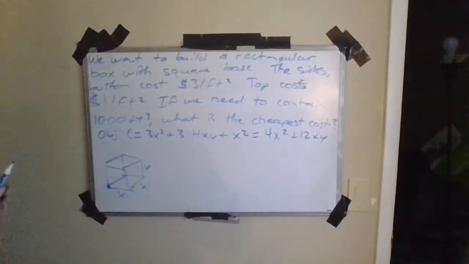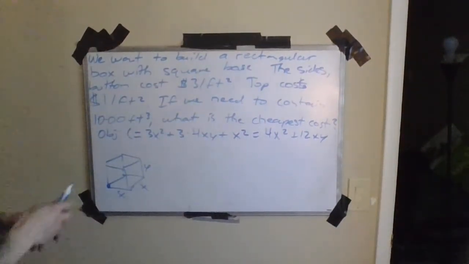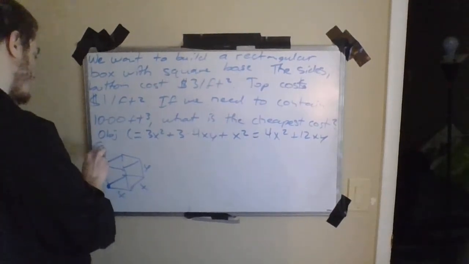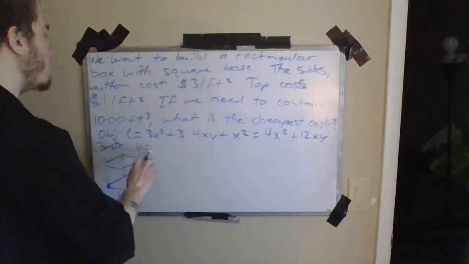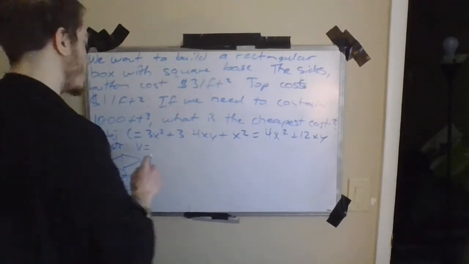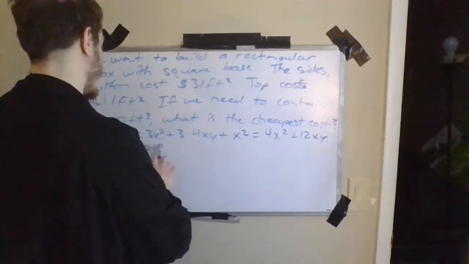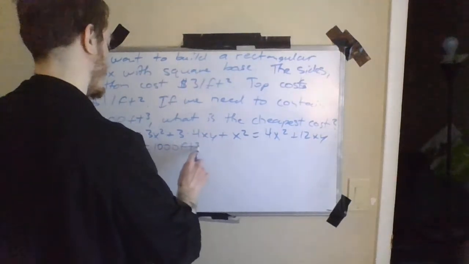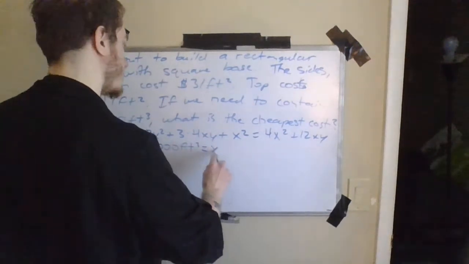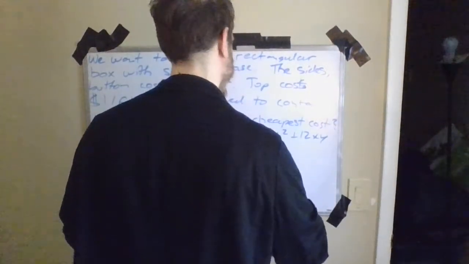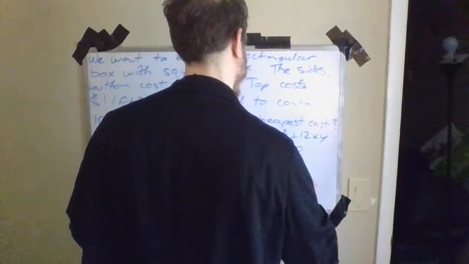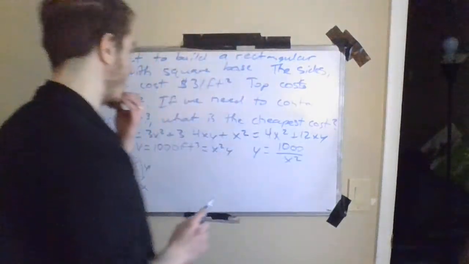And then we have our constraint. So our constraint is going to be that the volume needs to equal 1,000 cubic feet. But it is also equal to x squared times y. And this means that y is equal to 1,000 divided by x squared.